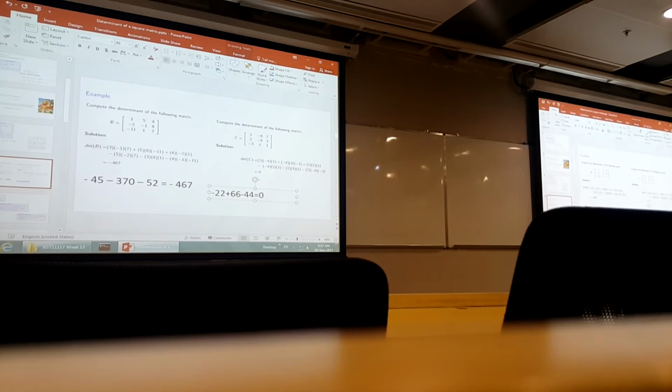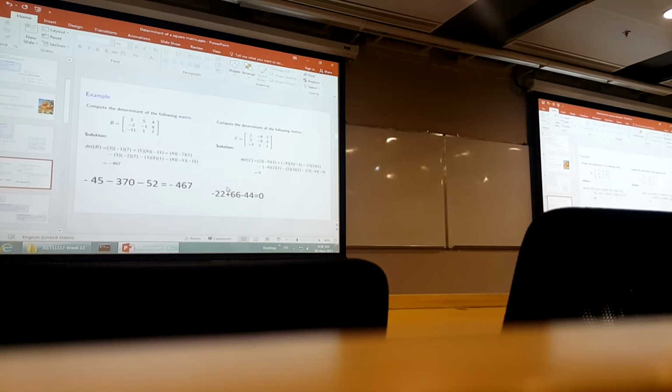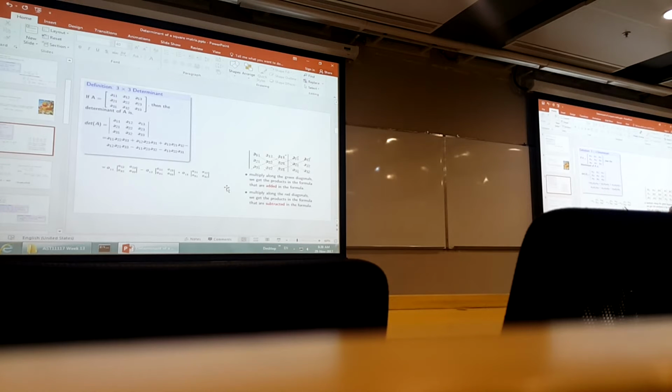This is this 0. Now these two are examples for calculating a 3 by 3 determinant by using this definition. And any 9 numbers arranged in this manner, 3 by 3, can be calculated by using this formula, which is defined.